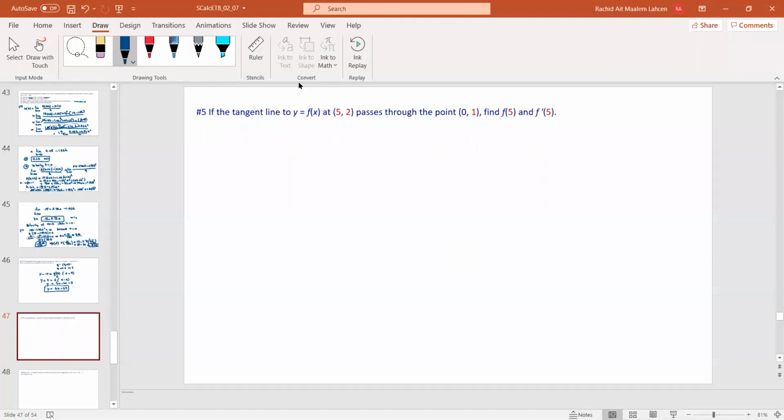Think about it: 2 points, 5, 2, and let's say, I'm not drawing to scale here, 0, 1. If you've seen a picture like this, it means you need to find the slope, right? And once you find the slope, it's going to be at that point there.